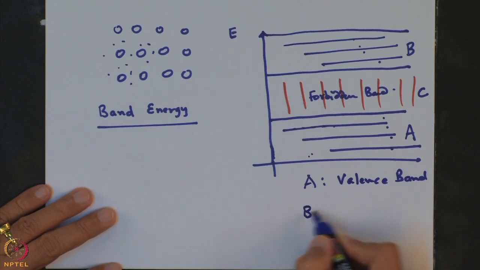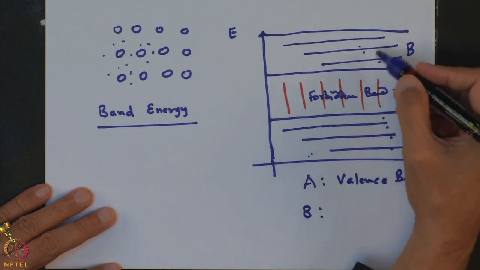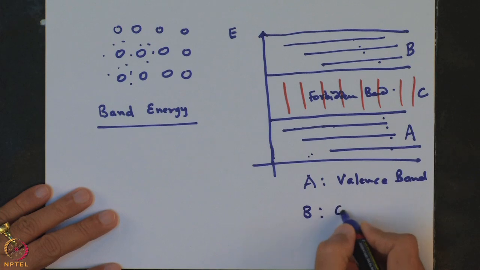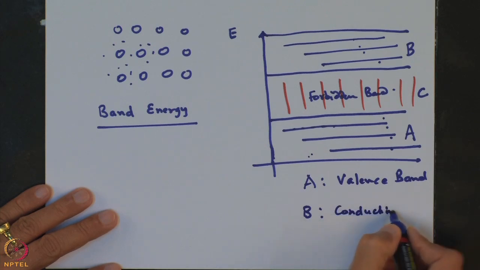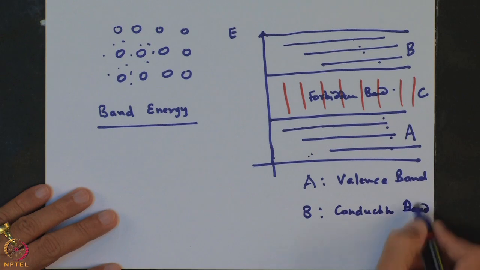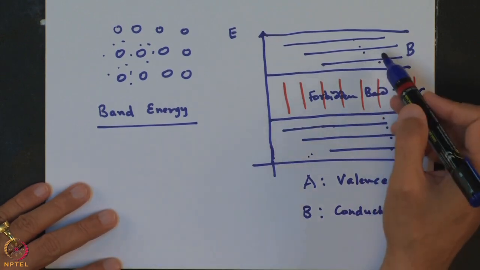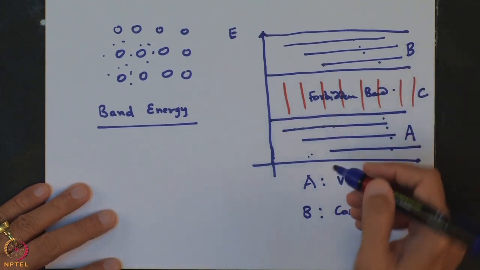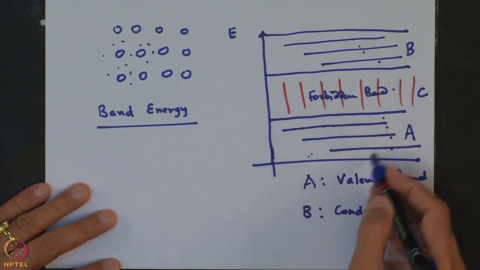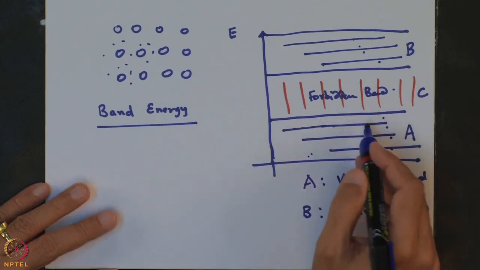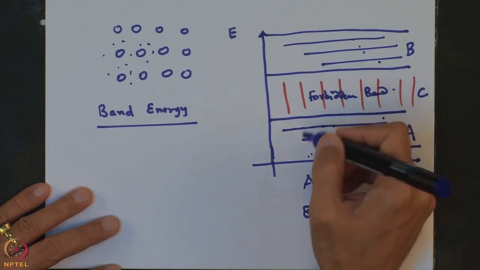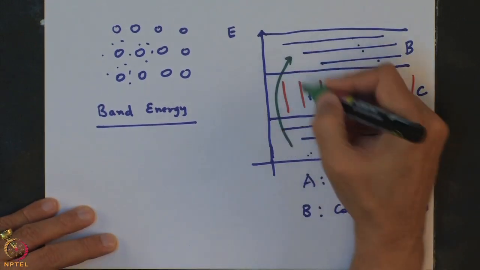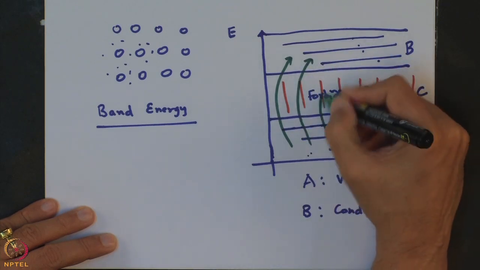Likewise, B, the band shown at the top with the higher energy level, is called the conduction band. It consists of charge carriers which have been transported from close to the atom. They somehow found some energy, maybe thermal energy, which helped them jump over onto this band.